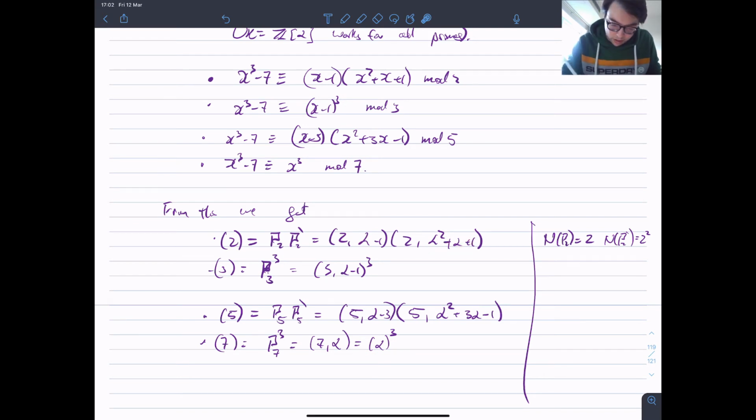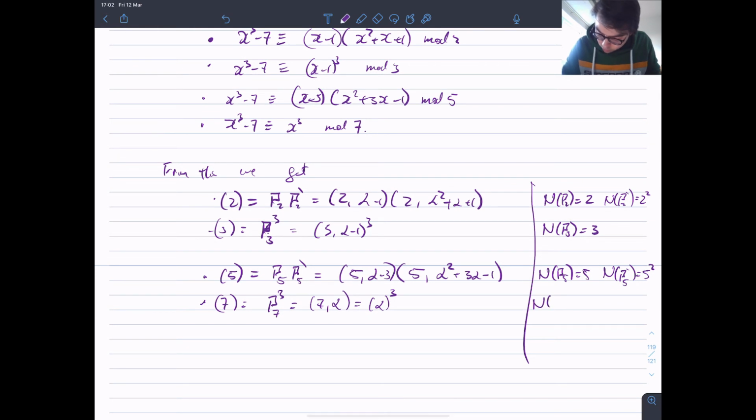Similarly, the norm of P3 is 3. The norm of P5, the first one, is 5, and the other one is 5 squared. And lastly, the norm of P7 is 7.